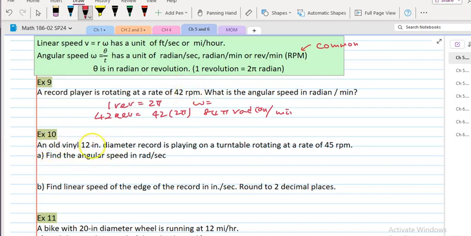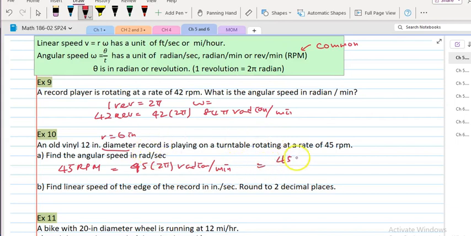An old vinyl record, 12-inch diameter. Okay, so r is 6 inches. Remember, it's playing on a turntable, rotating at a rate of 45 RPM. So 45 RPM, we have to change it into 45 times 2 pi radian per minute, right? But this is a minute. I want radian per second.